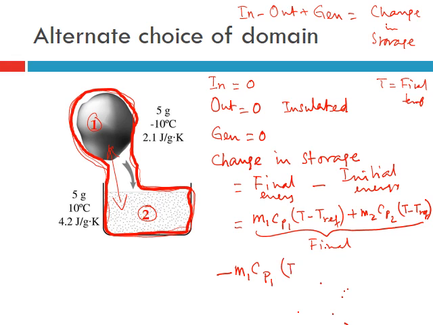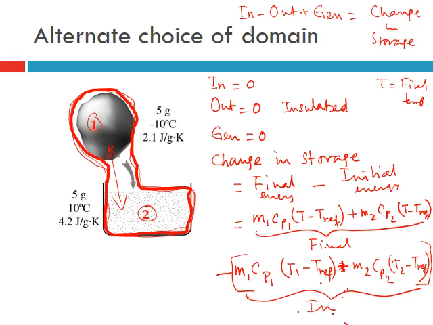So M1 had this much energy, plus M2 had this much energy. This should be negative, or we can put this whole thing inside a bracket. So this was my initial, and this is my final.